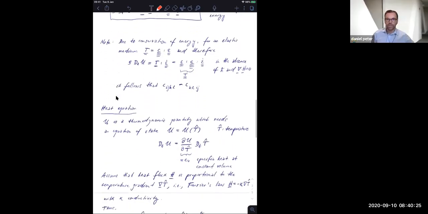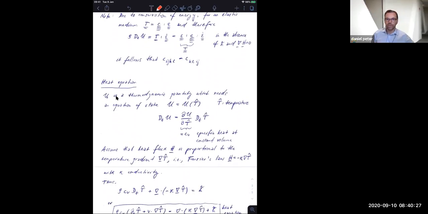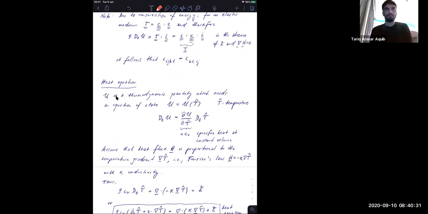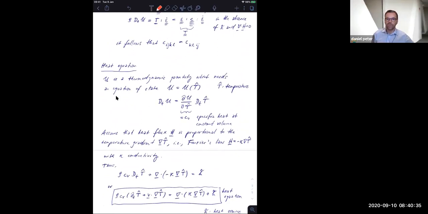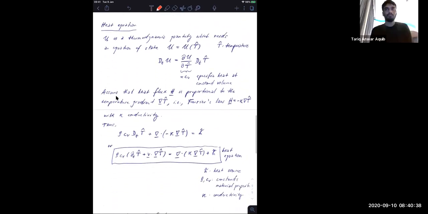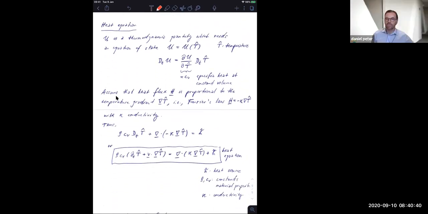And then if we further include an equation of state for the internal energy, which relates it to temperature, plus Fourier's law, which relates the heat flux to temperature, we actually end up with an equation that we can solve.